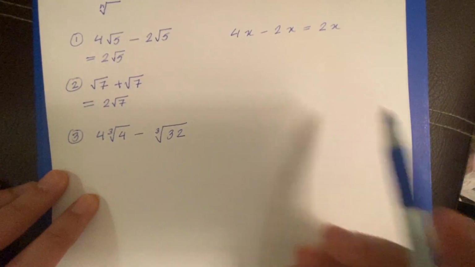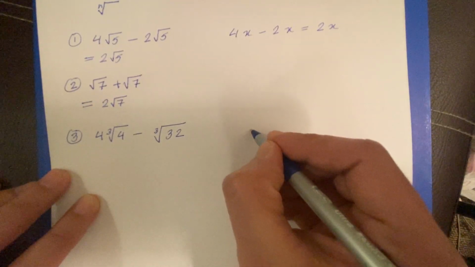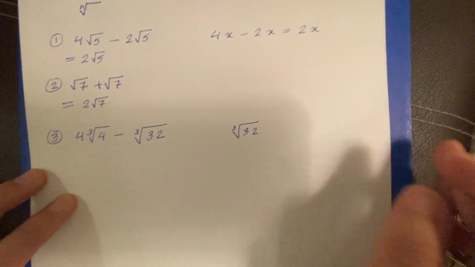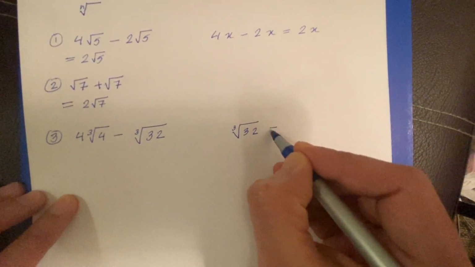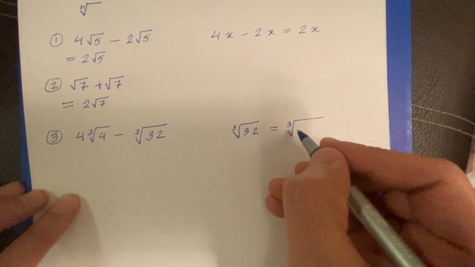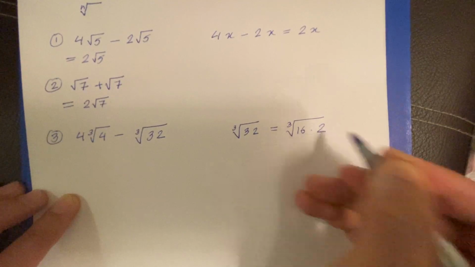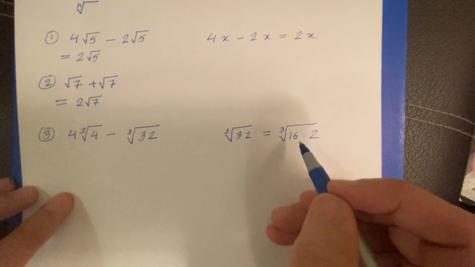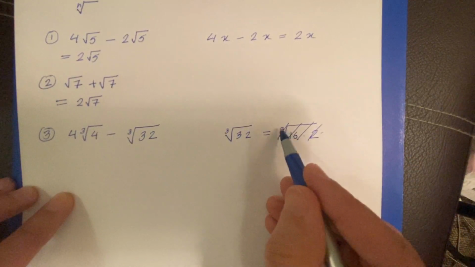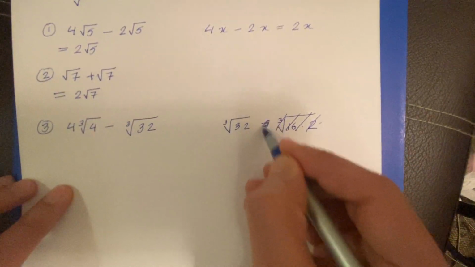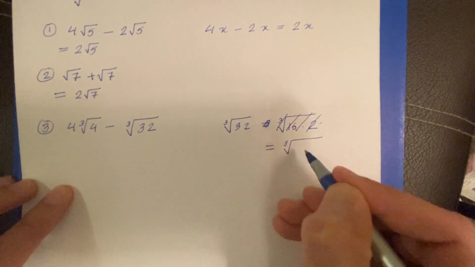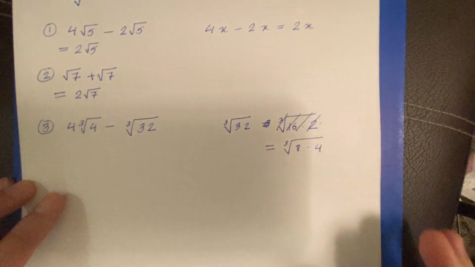Let's write here what we can do with this. Cube root of 32: 32 is also 16 times 2, but I don't think that is going to work because we cannot take the cube root of 16 or cube root of 2, so that's not going to work. So let's say cube root of 8 times 4, right?